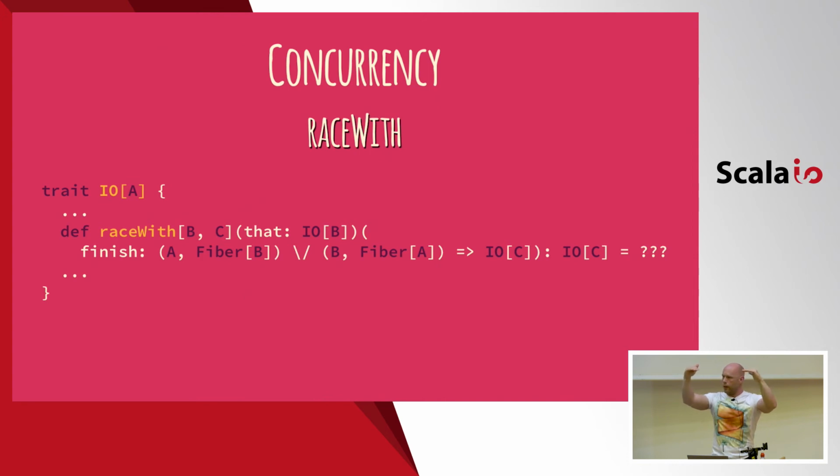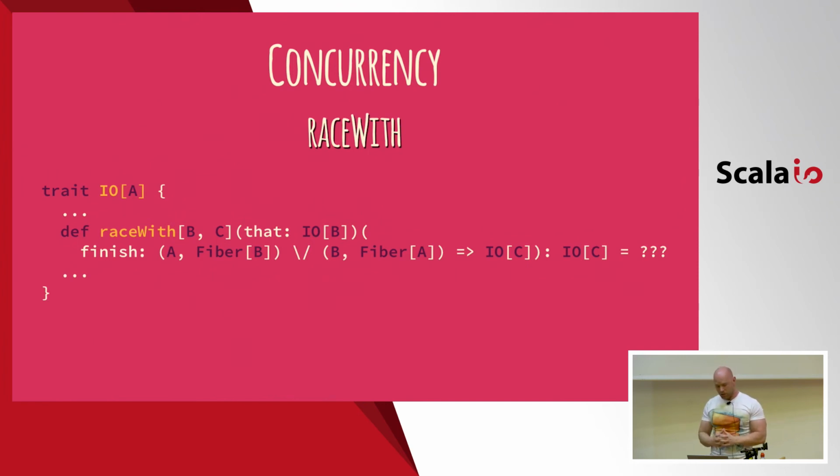Then either the left-hand side is going to finish with the value first, in which case you'll get an A and a fiber of B, or the right-hand side, which is an IO of B, is going to finish, and you'll get a B and a fiber of A. Then you specify a function for combining whatever you got there into an arbitrary type IO of C, and it's going to return the IO of C. So if you're used to reasoning about types, you can look at this and know what it does at a very deep level, because the types are so parametric here that there's no choices. It has to do what it says it does.